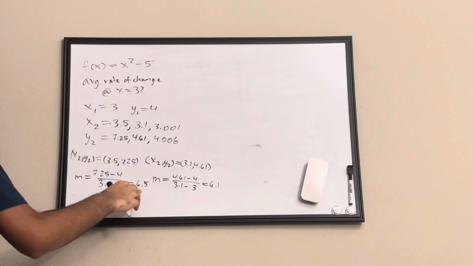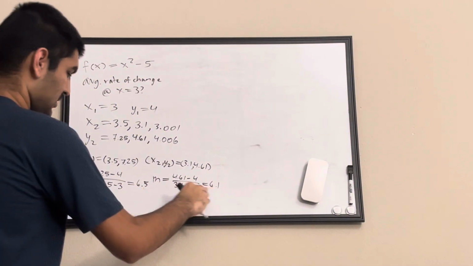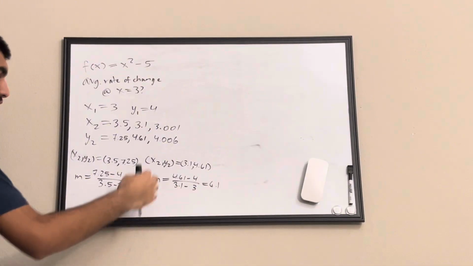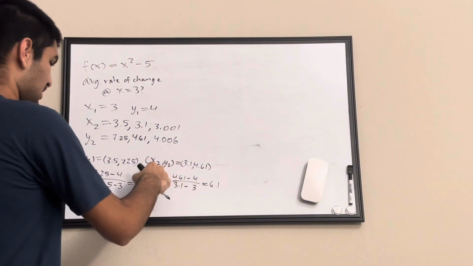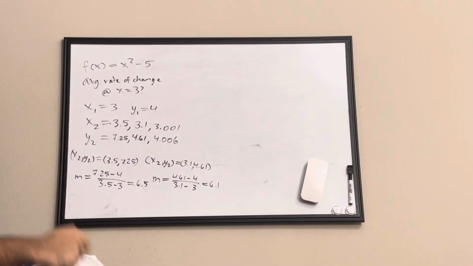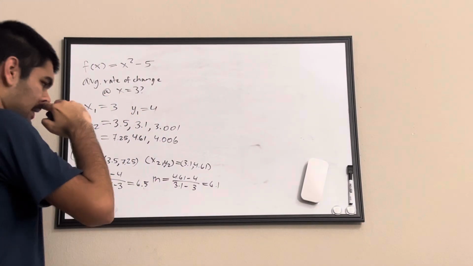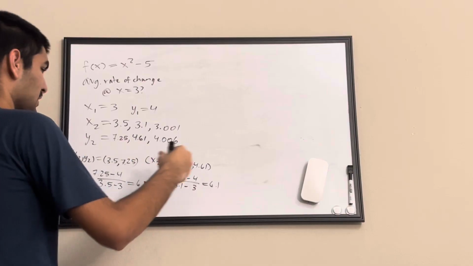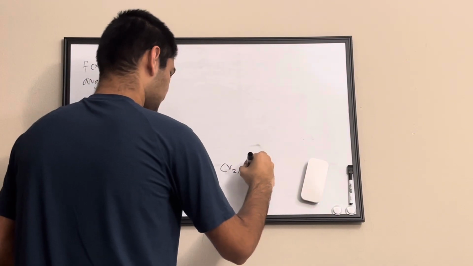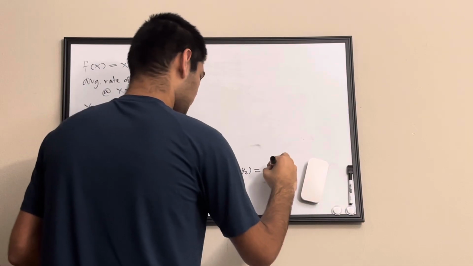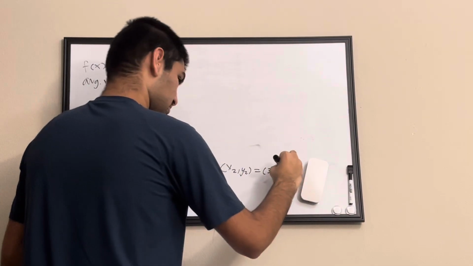So notice real quickly how it went from 6.5 to 6.1, right? So it's almost as if we're getting closer and closer to 6 as x2 gets closer and closer to 3, right? So then let's verify this by doing the last point, which is going to be the best approximation for our case, which is 3.001 and 4.006.